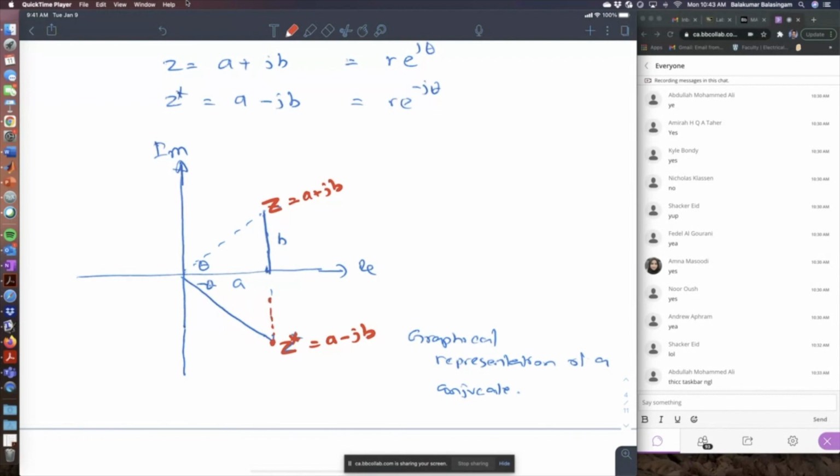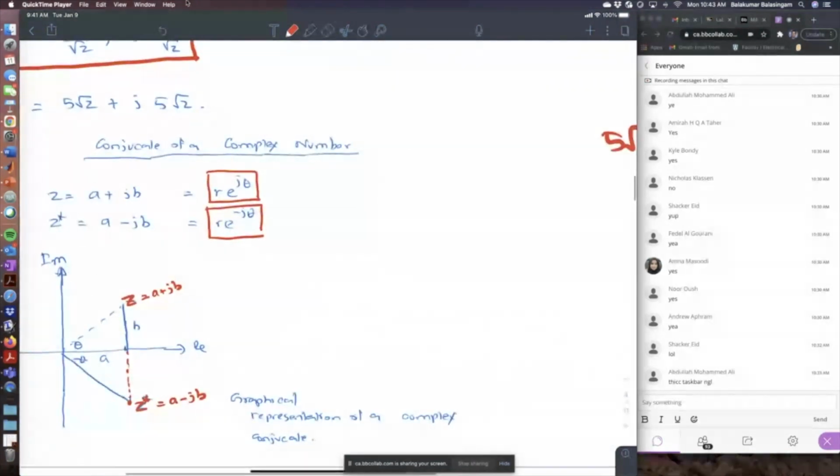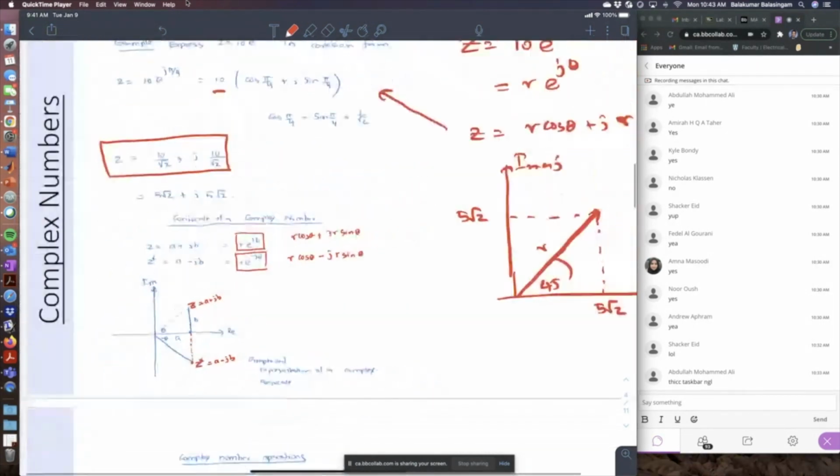You can see the B becomes negative. In polar form, if s is R e to the power j theta, the conjugate will be R e to the power minus j theta. Why? If we use Euler's form, R cos theta plus R sine of minus theta, that will be minus j R sine theta. So that is the conjugate of a complex number.